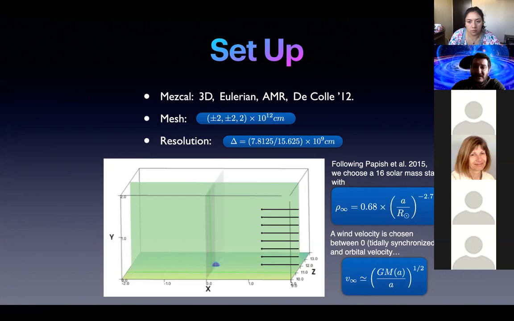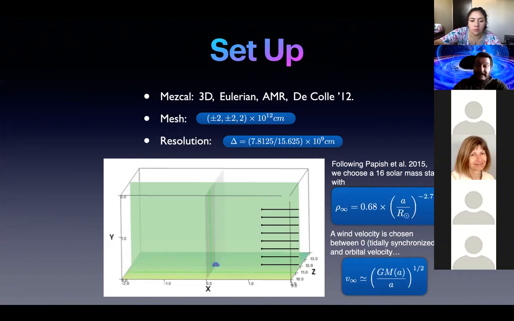And we choose a wind velocity, which of course, if the stars had been tidally synchronized, would be 0. But to make things interesting, we can choose to have it non-orbital, not tidally synchronized. So then the wind that comes into the black hole will have the Keplerian velocity, which is a few hundreds of kilometers per second.